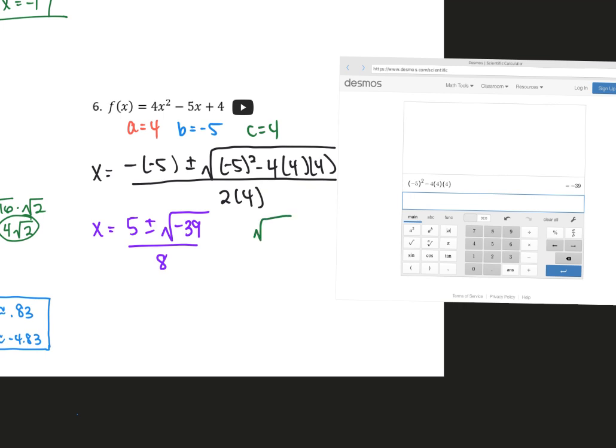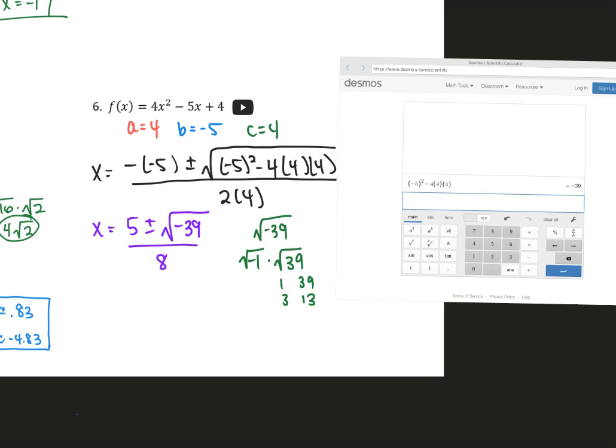So we're going to see if we can simplify the square root of negative 39. Well, we know that it's a negative, so I can rewrite it as the square root of negative 1 times the square root of 39. If we list out our factors of 39, we have 1 and 39, and then 3 and 13.